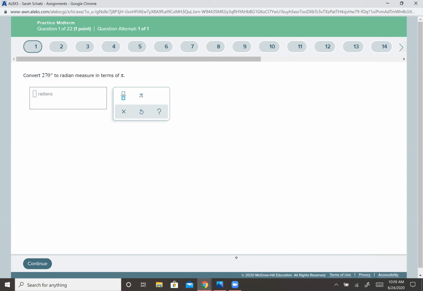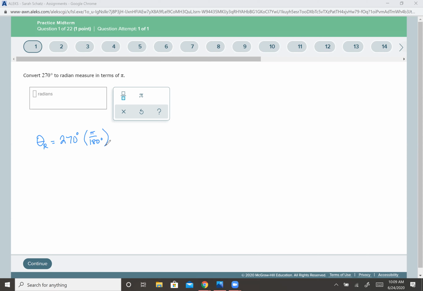All right, so when I'm converting from degrees to radians, like I am asked to do in this question, you take the degree measure. If you want radians, so I'll put a little R there, you take the measure in degrees and multiply by pi over 180.